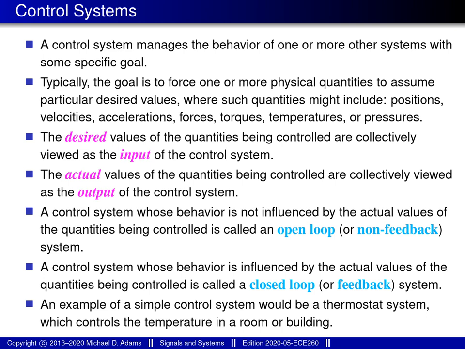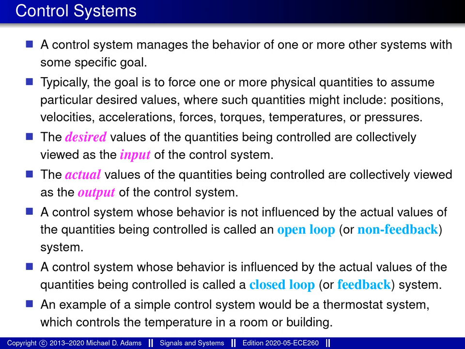Consider, for example, the application of a thermostat system. Clearly, it's highly beneficial for the thermostat system to have knowledge of the actual temperature of the room, as would be the case with a closed loop system. By knowing the actual temperature of the room, it's possible for the thermostat system to decide whether it should activate a heater if the room is colder than desired, or an air conditioner if the room is warmer than desired.